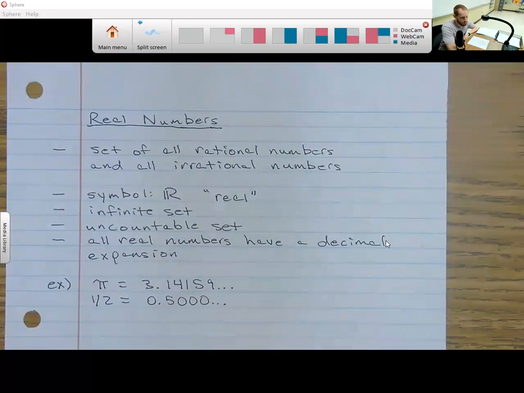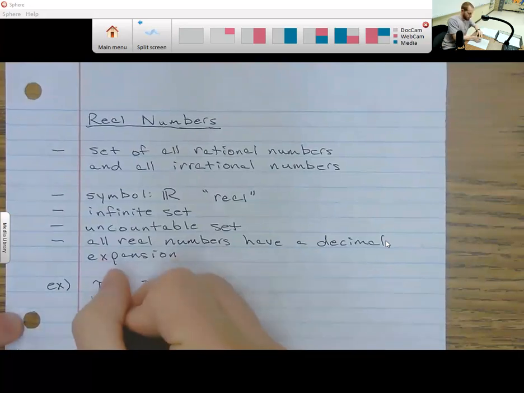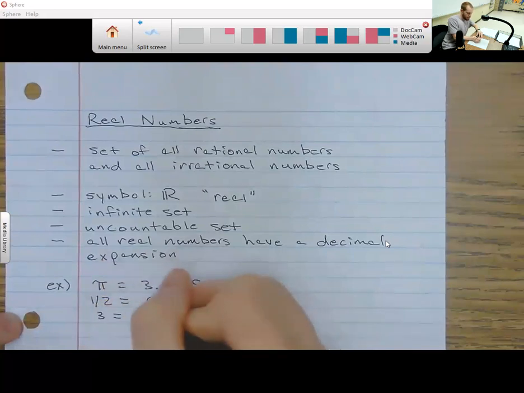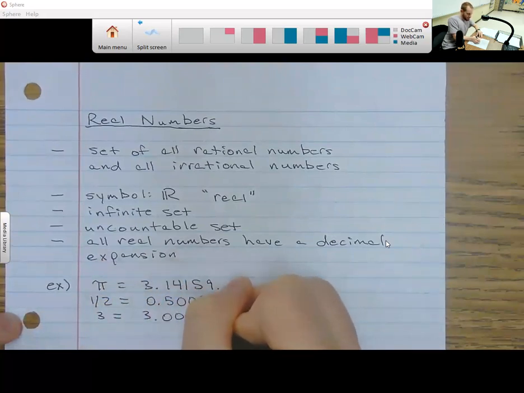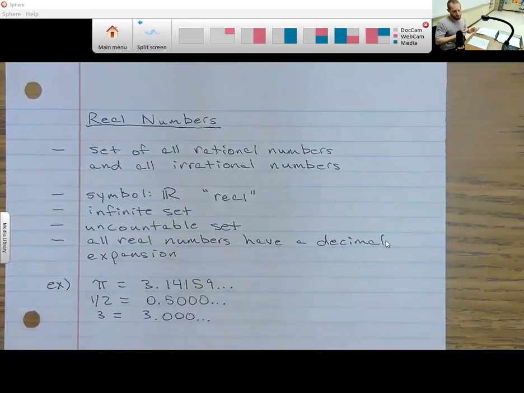What about whole numbers like 2 or 3? Let's take 3 for example. 3 can be written as 3.0000000. So the zeros go infinitely long, right? So my point is, every single real number has a decimal expansion, right? So I'll just put it that way.